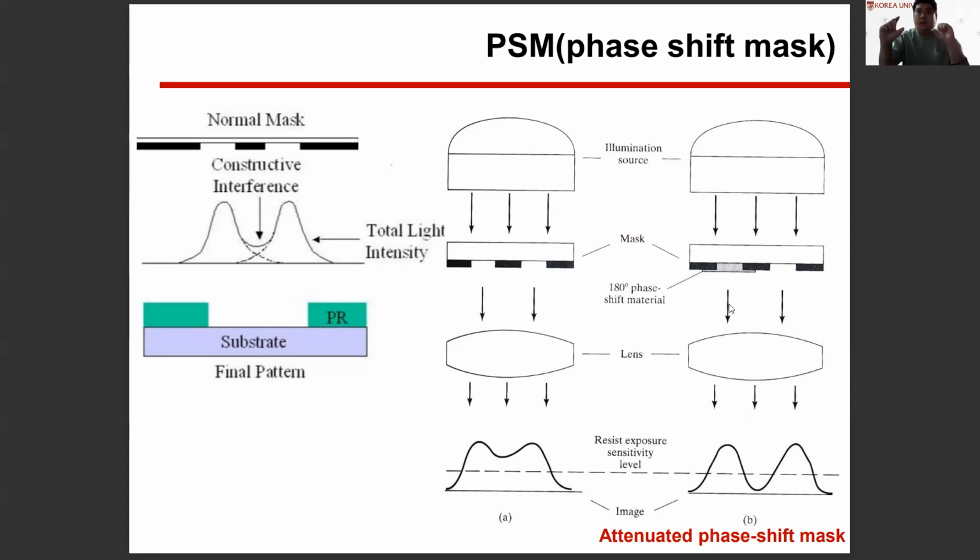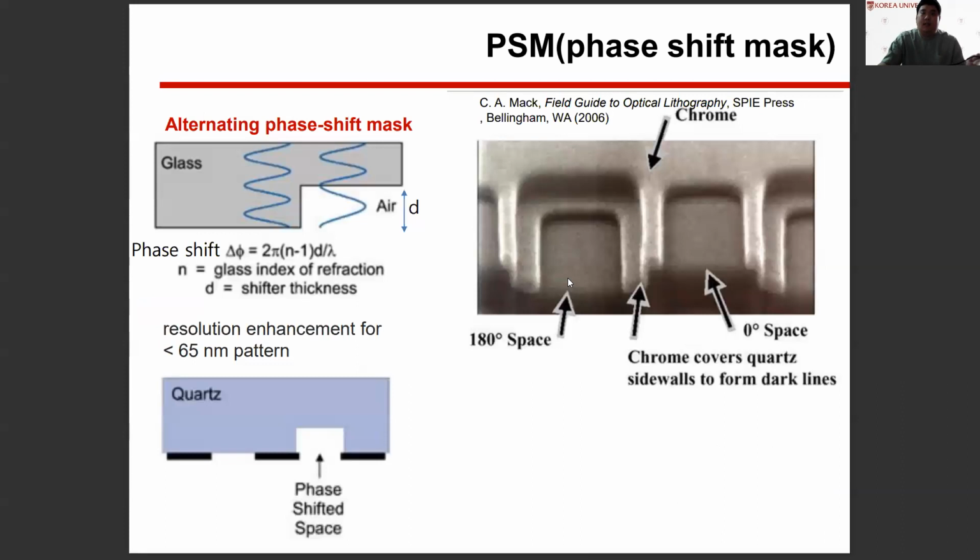If we shift the phase by half, then in the interfered area the phase-shifted light is destructively interfered, and the pattern can be drawn even better than with conventional photomasks.